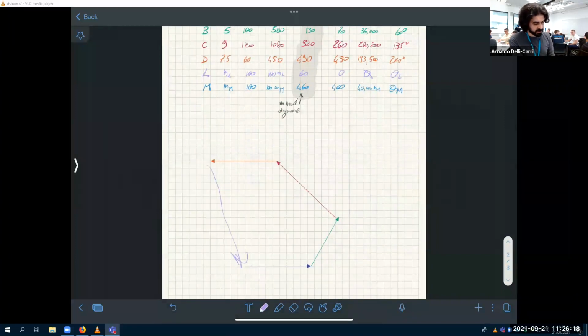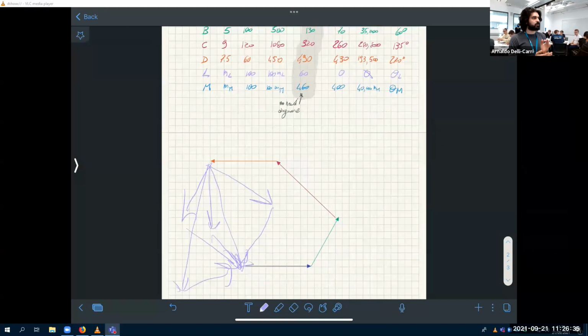But there are so many ways you can close the polygon, okay? So you have infinitely many solutions. If you don't take L or M as a reference plane, you end up with too many unknowns in the equation, and that means infinitely many solutions.